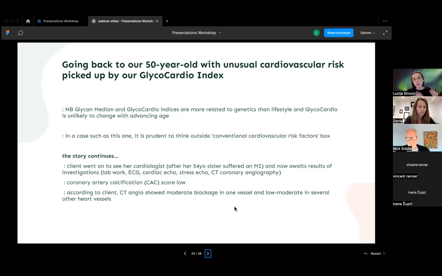So in her case, we really need to think outside the conventional cardiovascular risk factors box. And this is sort of what she did herself.